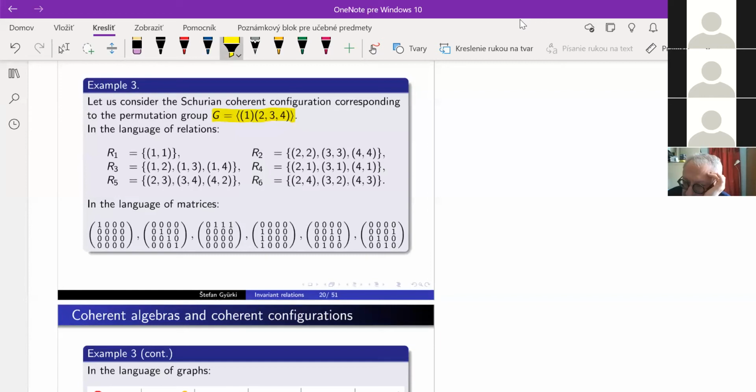So I can write the set of two-orbits here. This means that these two-orbits correspond to a Schurian coherent configuration. And the same thing I can say in the language of matrices simply by showing all the adjacency matrices of the corresponding relations.